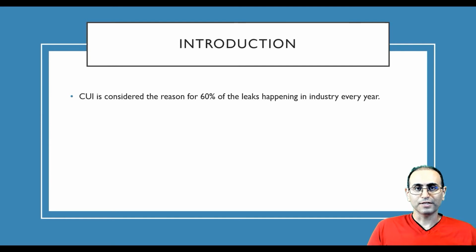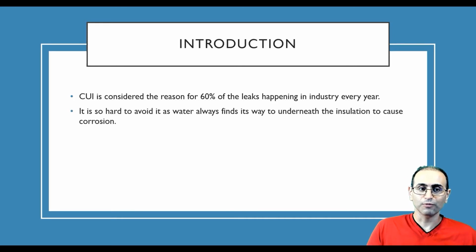So as you might know, CUI is the reason for 60% of the leaks happening historically, or happening right now in the industry every year. The reason mostly is because it is hard to avoid, because water always finds its way underneath the insulation, and eventually it will cause corrosion.